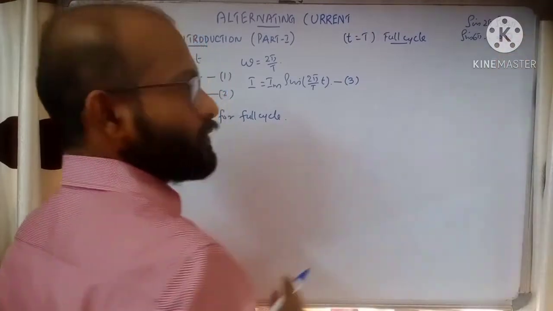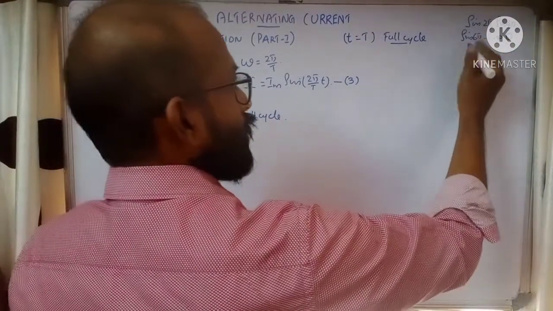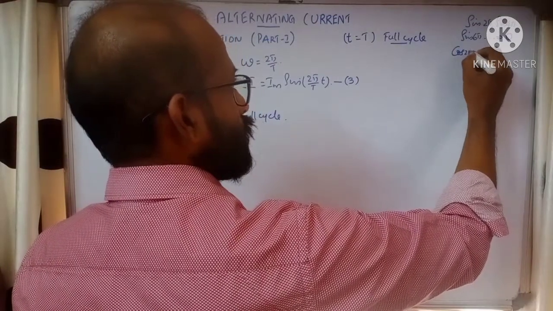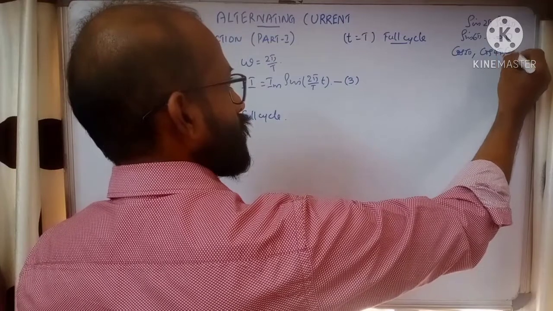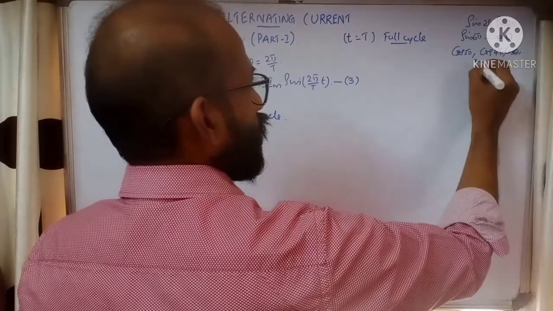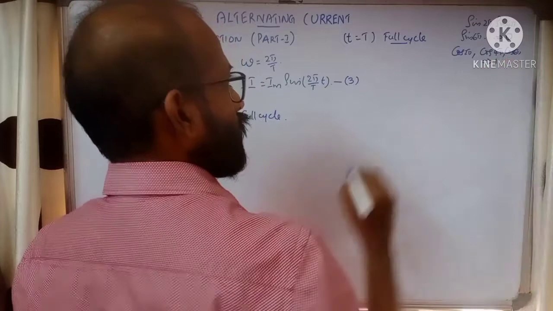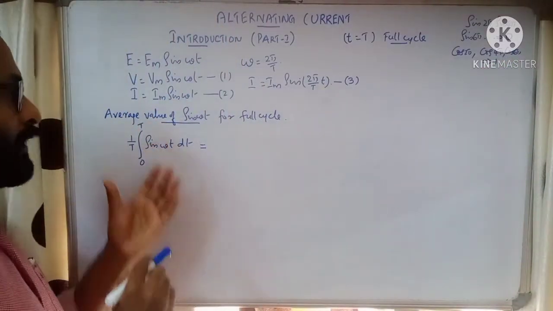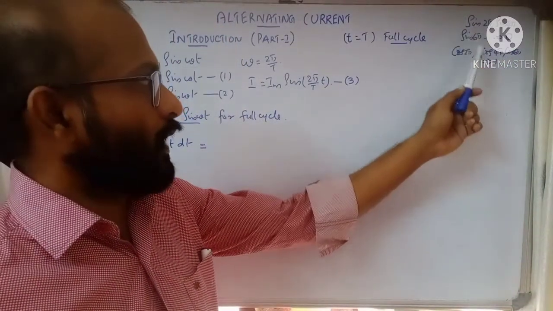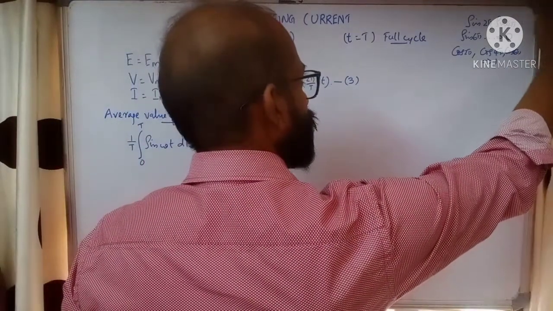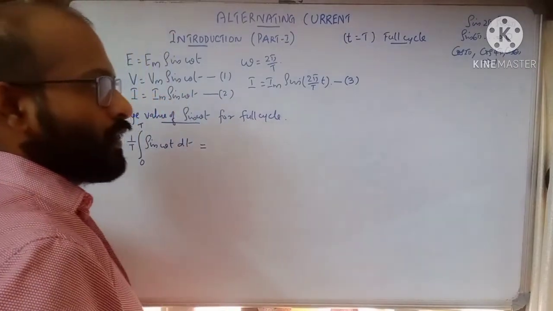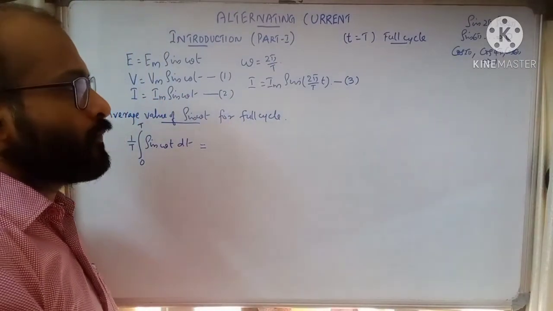Then similarly cos 2 pi, cos 4 pi, cos 6 pi, etc. all will give a value 1. So for evaluating these integrals, we are supposed to know these values, sin 2 pi, sin 4 pi, etc. Okay. So this is required for our integration.